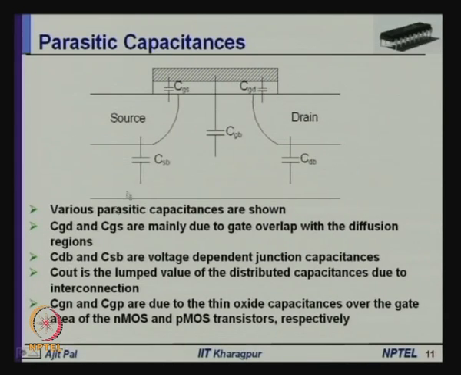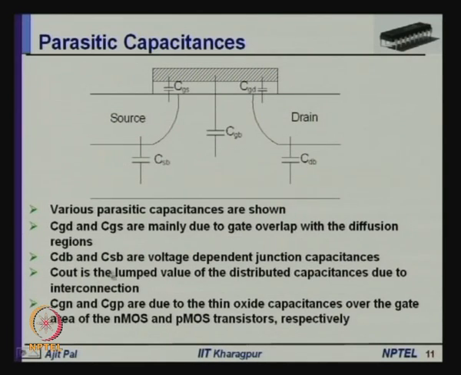Similarly, CDB, drain to body, and CSB, source to body. These capacitances arise because there will be a depletion region here, and here as well, and this will lead to some capacitance. As you know, this is N plus and this is P, so there is a diode and it will have some capacitance, that is your CDB and CSB.